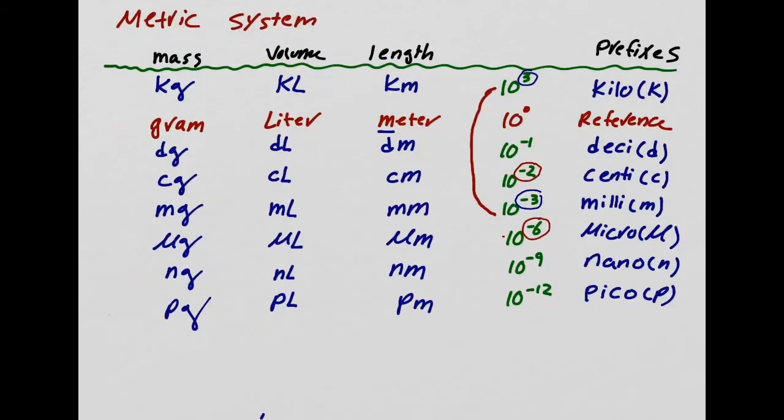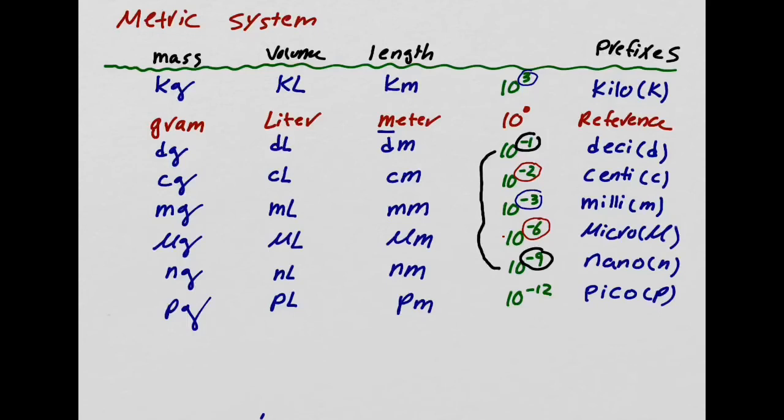Now, let's go back here. It's nice that I can just erase this. Now, what I have, I'm going to go from deci to nano. So here is deci to nano, -1 to -9. What is the difference?